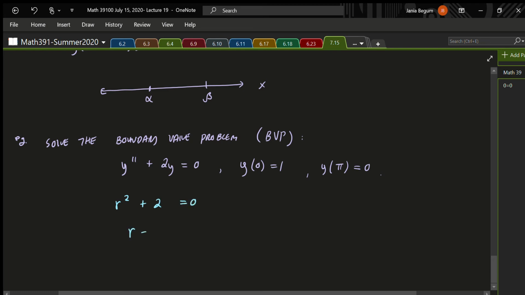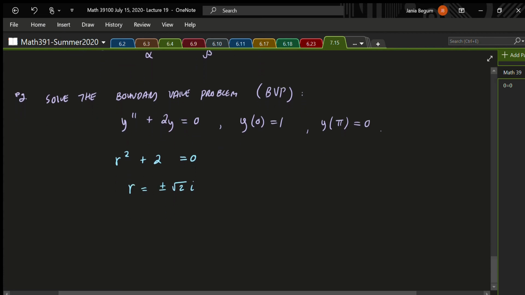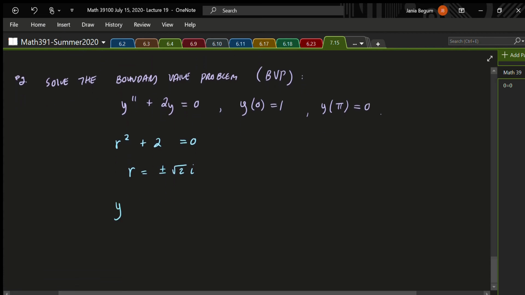So r is equal to plus and minus square root of 2 i, right? Complex roots. So our solution is y of x equals c1 cosine of square root of 2 x plus c2 sine of square root of 2 x.